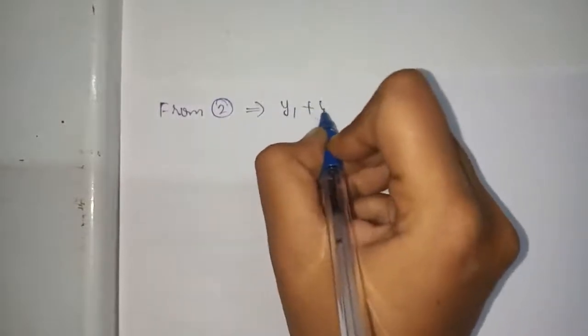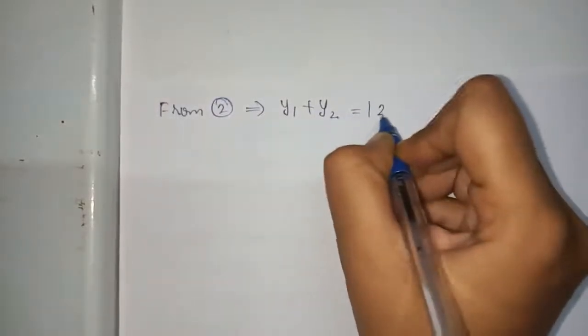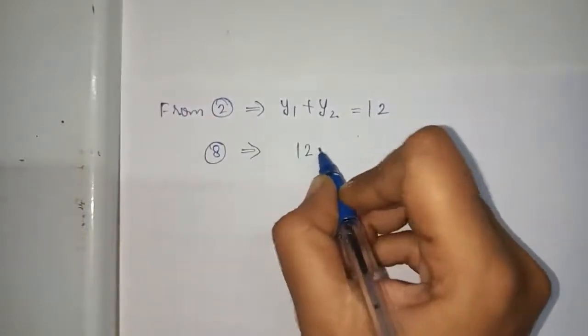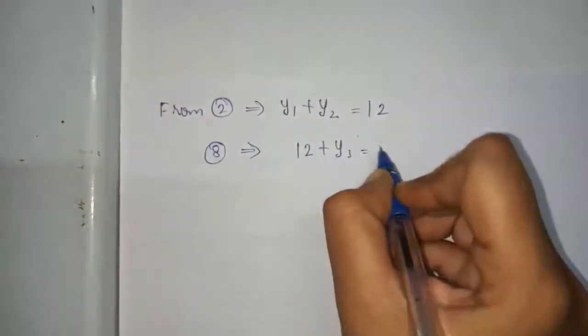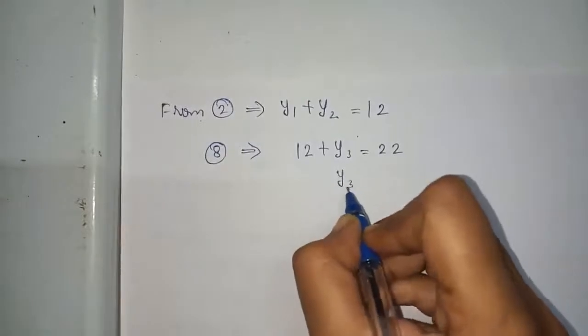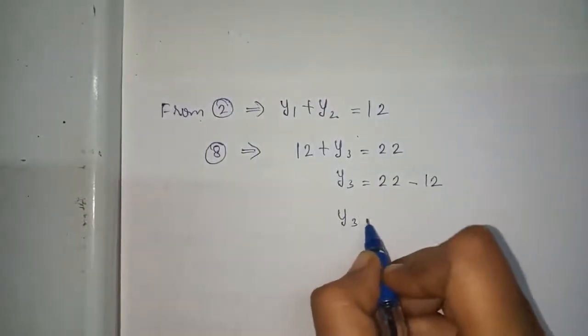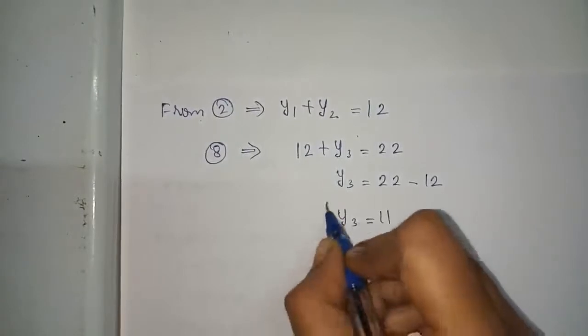From equation 2, y1 plus y2 is equal to 12. So equation 8 implies 12 plus y3 is equal to 22. y3 is equal to 22 minus 12. The value of y3 is equal to 11.